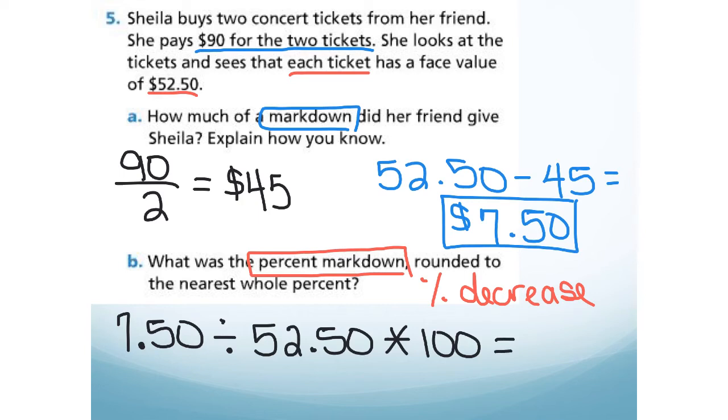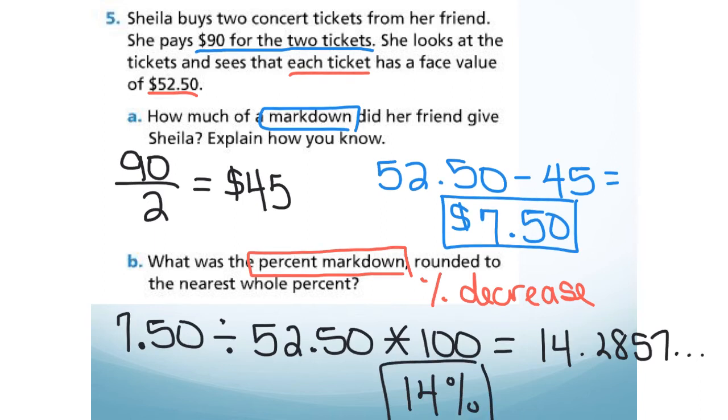By doing this, we should get an answer of 14.2857, and it goes on from there. But our problem tells us to round to the nearest whole number, so that would tell us that we have a markdown of about 14%.